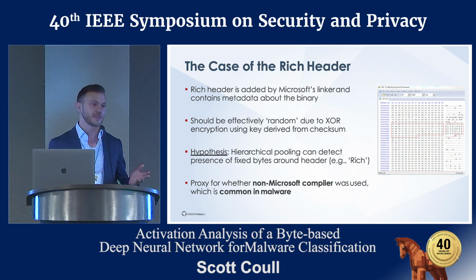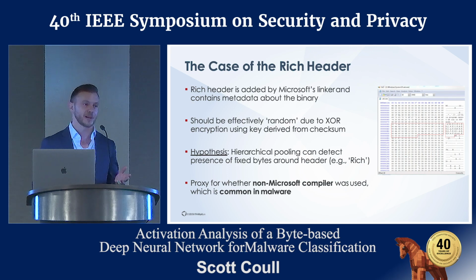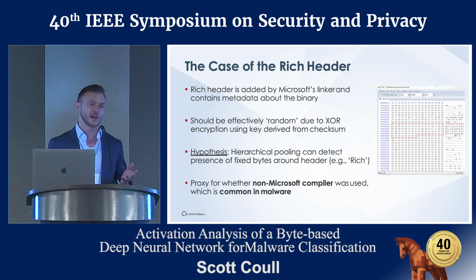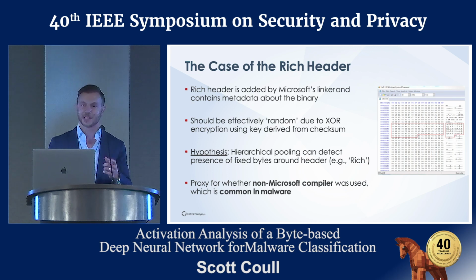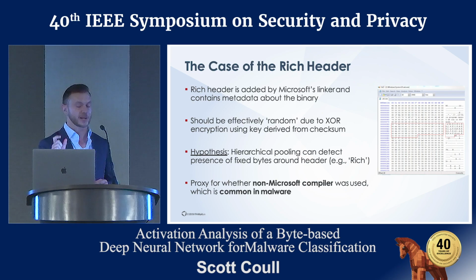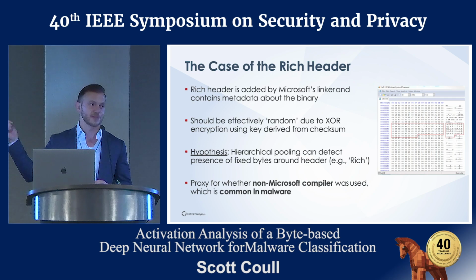The hypothesis that we have as to why some of these bytes are being triggered on is not necessarily the bytes inside of the rich header itself, not the randomized bytes, but the presence of these fixed bytes. For instance, for the rich header, you have this literal "Rich" string that's placed in there. And these are strings that tend to happen throughout the entire structure of the Windows PE file.